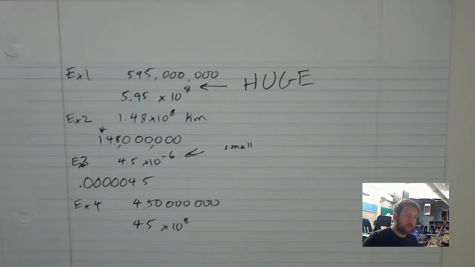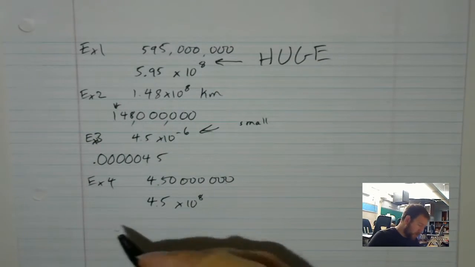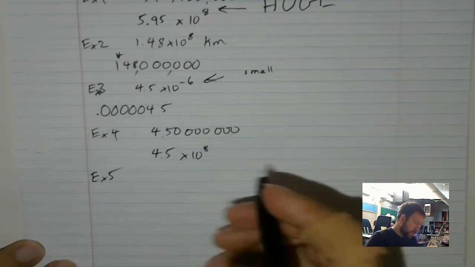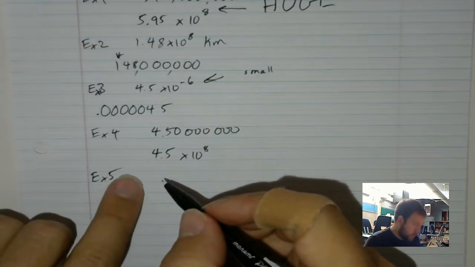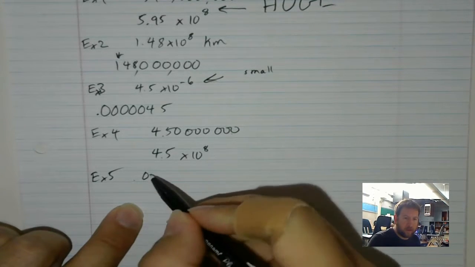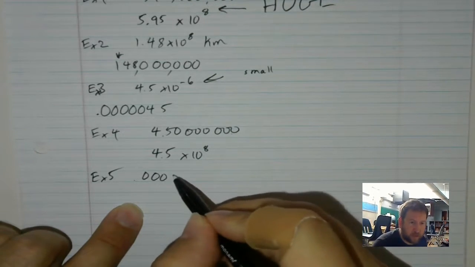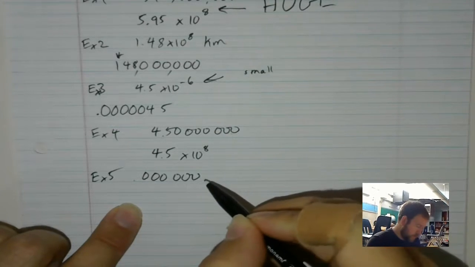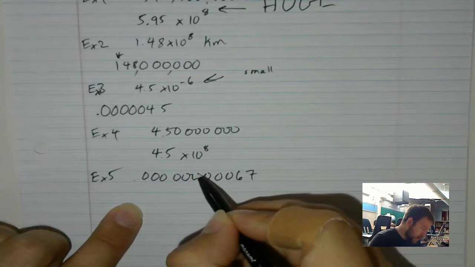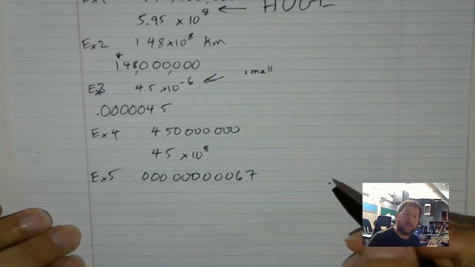Let's do one more. We're going to do 0.000000000067, and we're going to turn it into scientific notation.